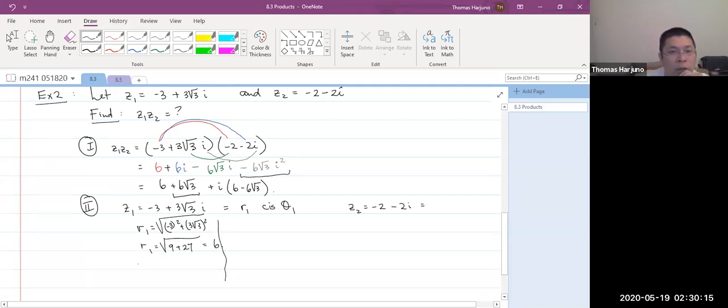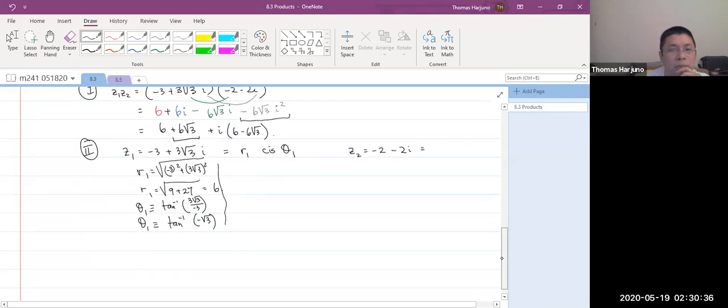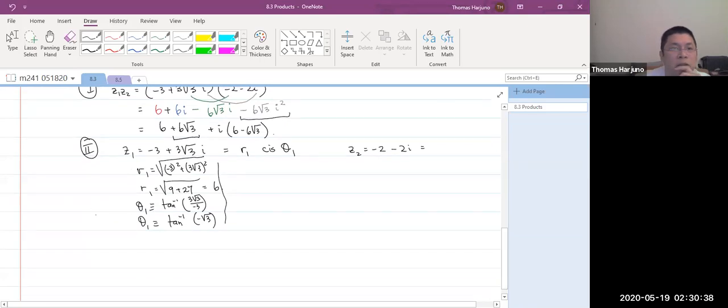While the argument theta is equivalent to tangent inverse of y over x. But C1 is supposed to be in quadrant 2, because the x is negative but the y is positive.